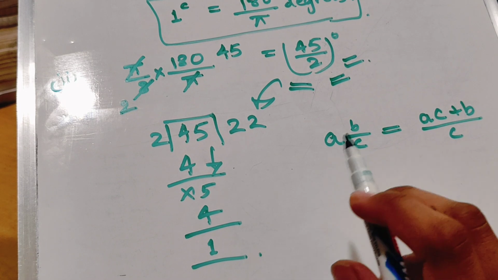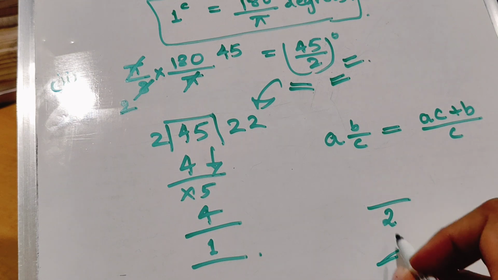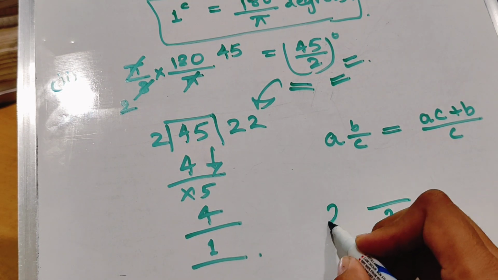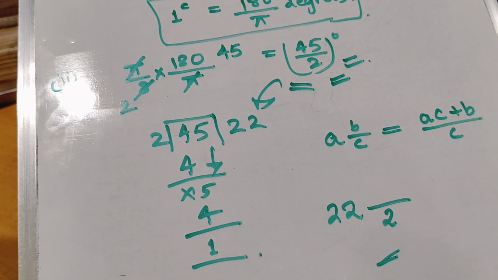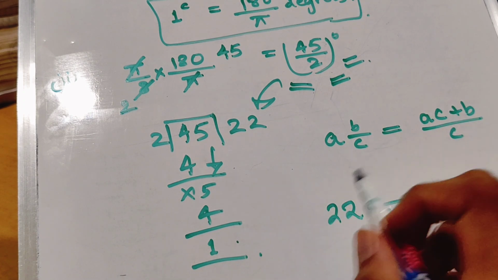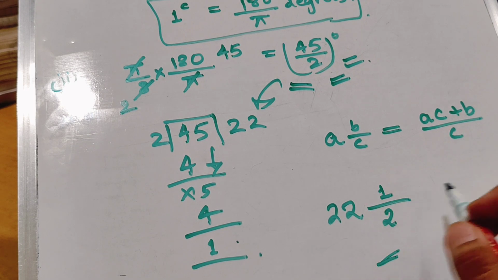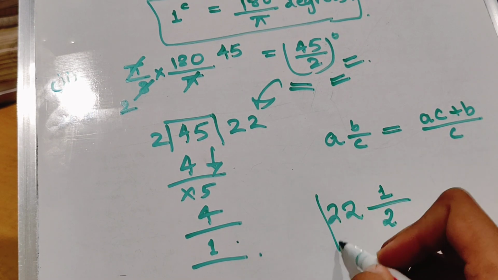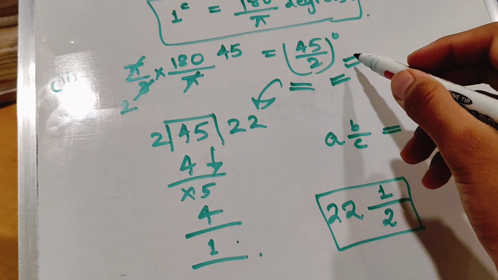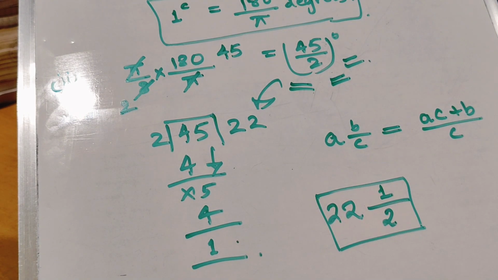And now what must you multiply 2 with? 22. So you will write 22 over here, and what must you add? 1. So you will write 1 here. So it becomes 22 and half. So that is how you convert this to mixed fraction.